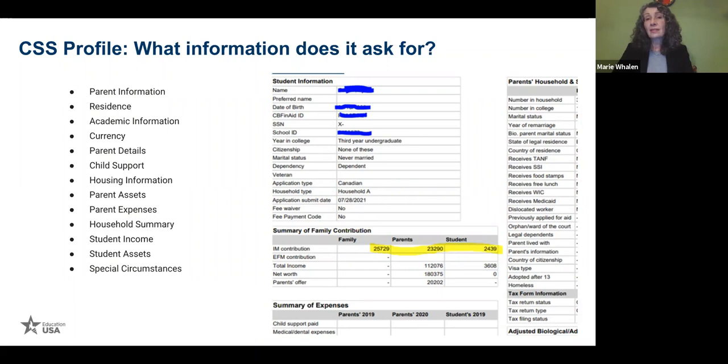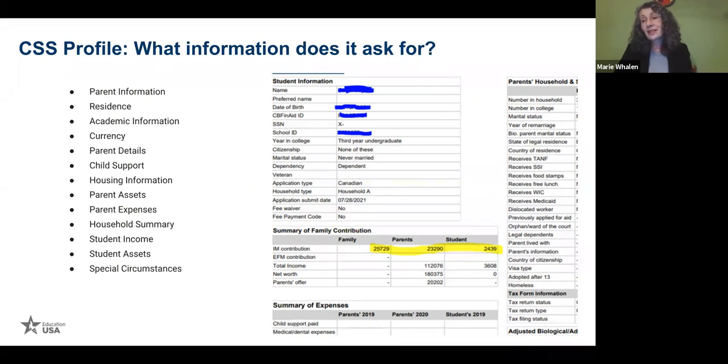Once the profile is submitted by an applicant, there is a special institutional need analysis software system that processes and analyzes the information and then provides the individual college or university with the estimated student budget. That is the amount that the system believes a student and family can pay the specific college based on the student and family's unique financial circumstances.